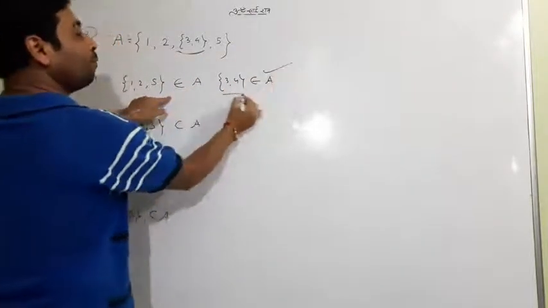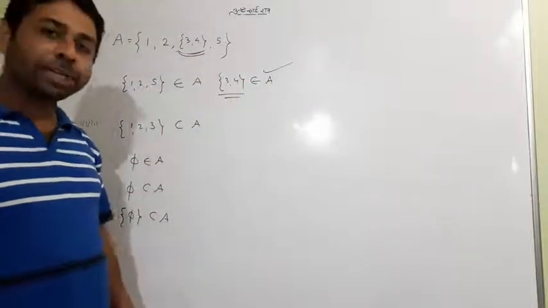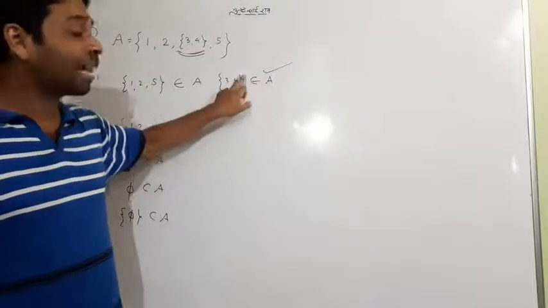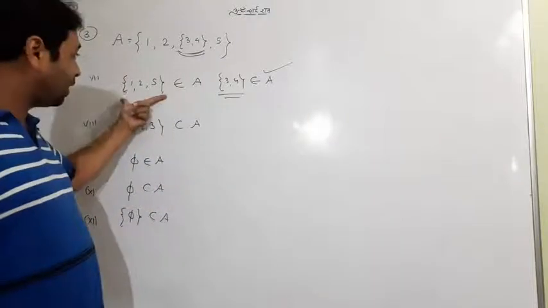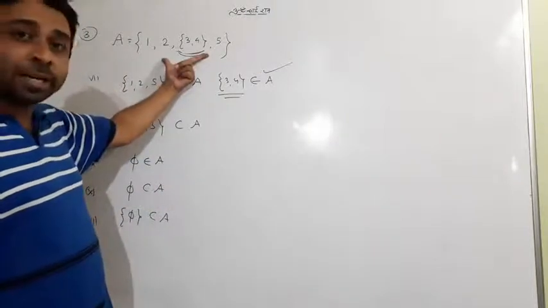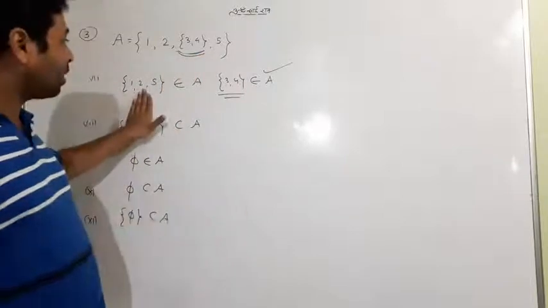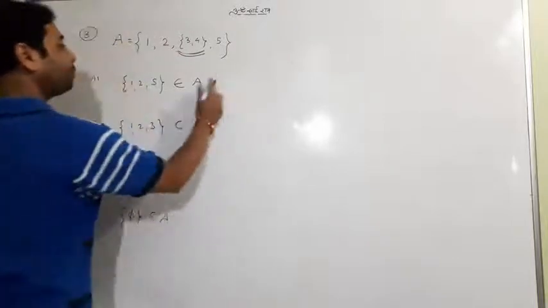Yes, because even though it is in set form, it is completely an element of A. But {1 to 5}, if it were there, must be as it is in set A, then it would be an element of A; otherwise it is not. So it is a subset of A, but not an element of A. So this is a false sentence.